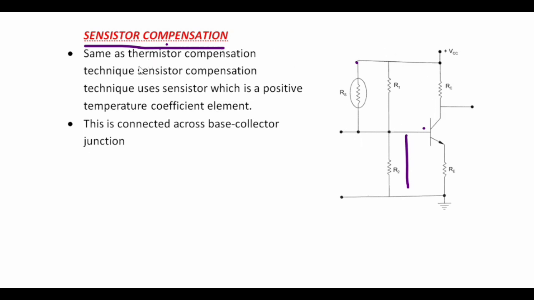Now in the sensistor compensation technique, we are connecting the sensistor across the base collector junction. This sensistor is a positive temperature coefficient element, that is, a resistor whose resistance increases with increase in temperature.